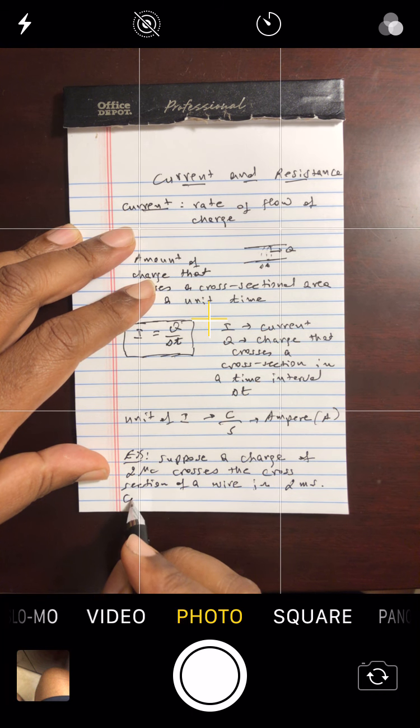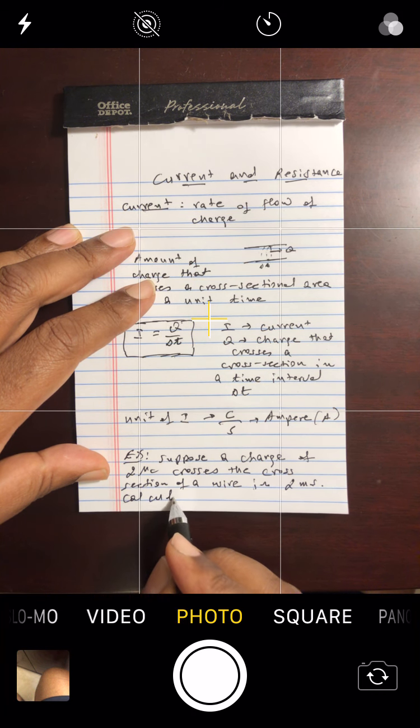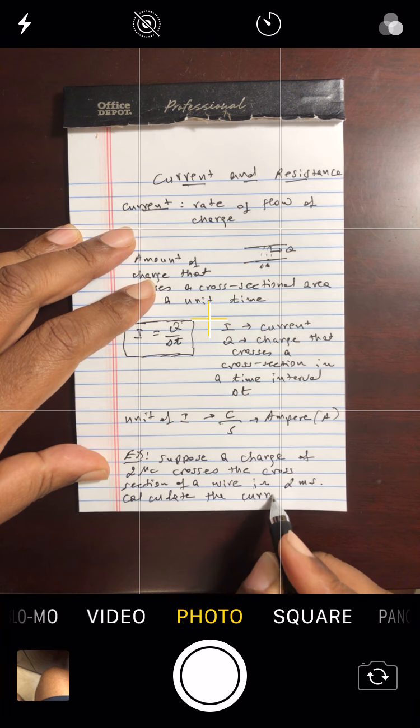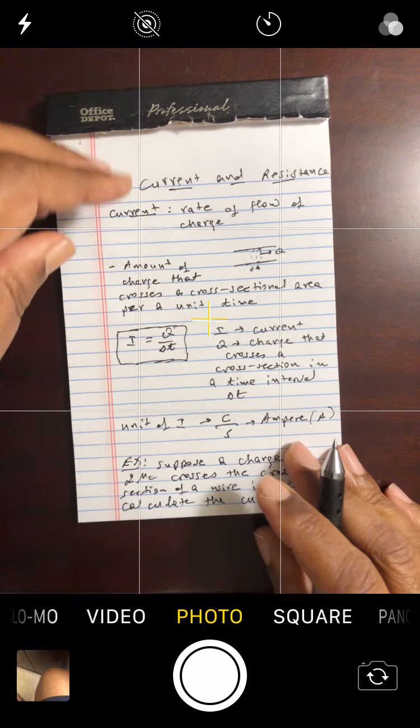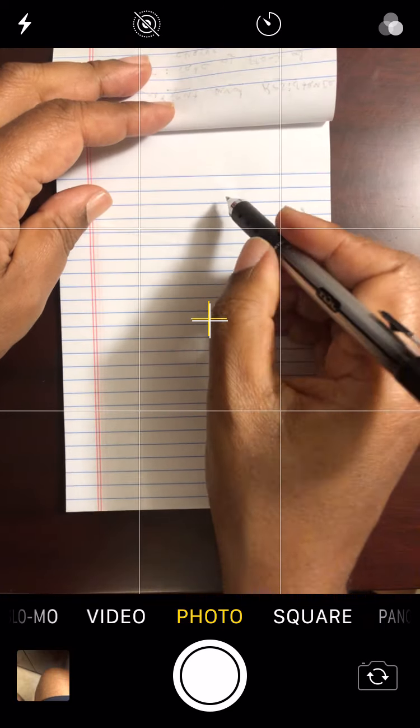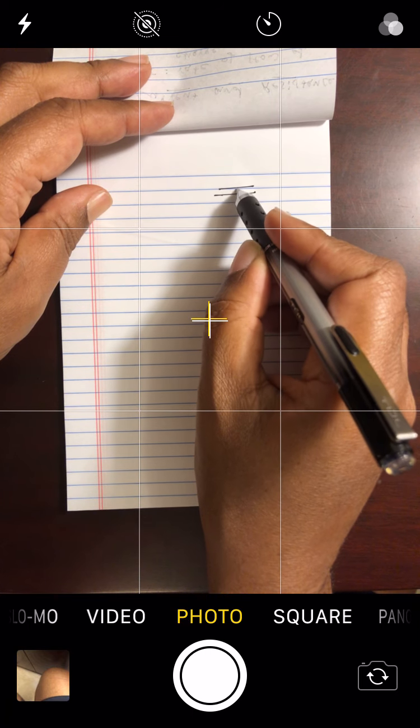The question is, calculate the current. We have a certain wire over here, and this is a cross section.